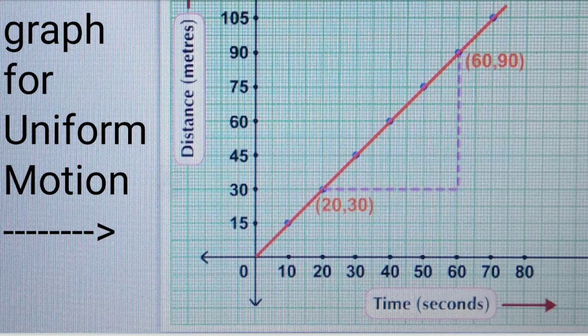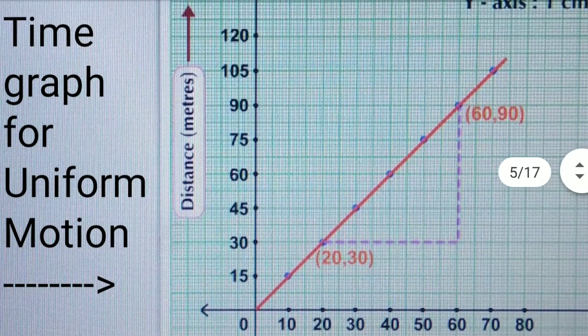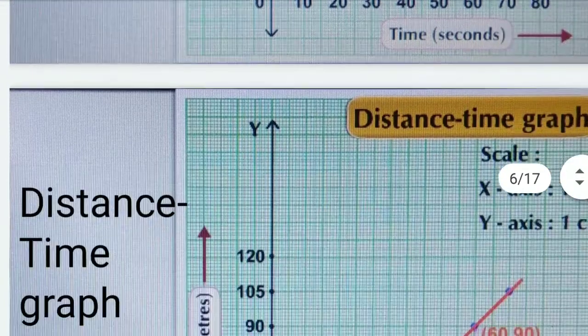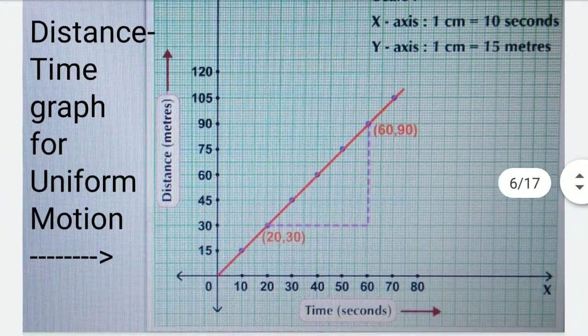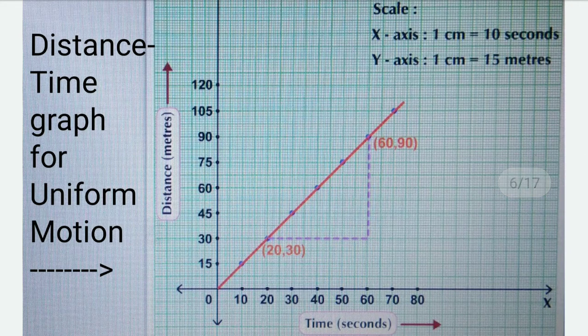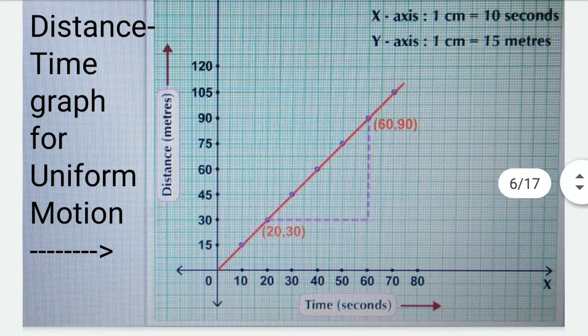In 60 seconds, car covers 90-meter distance, and in 70 seconds, car covers 105 meters. It is shown in this graph. This is repeated distance time graph for uniform motion, which we already seen in the previous picture.